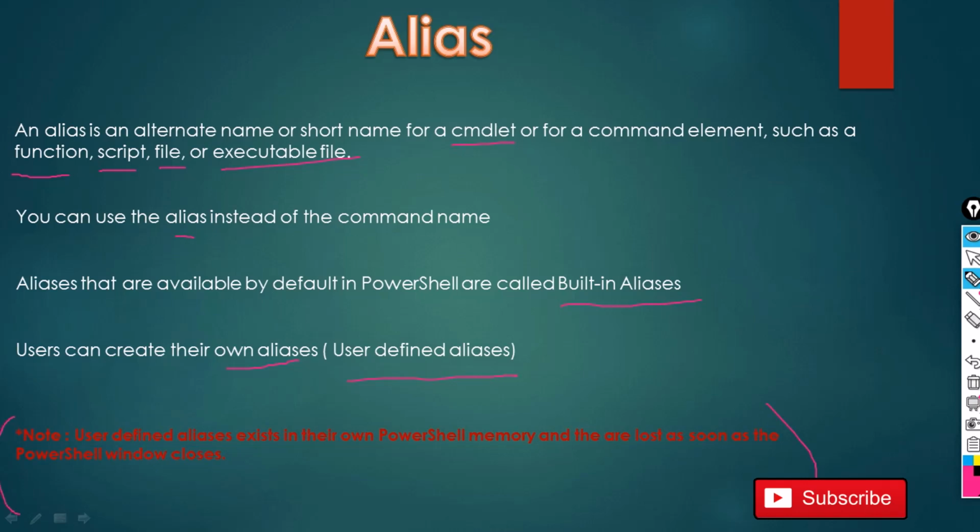Take a note here: user-defined aliases exist in their own PowerShell memory, and they are lost as soon as you close the PowerShell window. This means the aliases you create exist only for that particular session, in that particular PowerShell's memory. So you cannot share aliases between two PowerShell consoles. I'm going to demonstrate that for you and show you how that works.